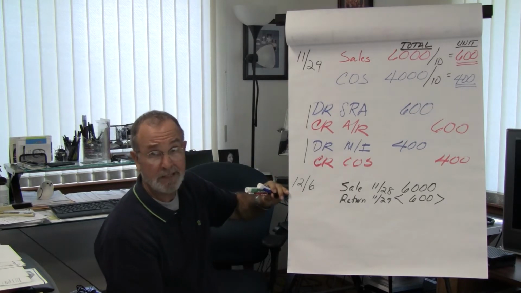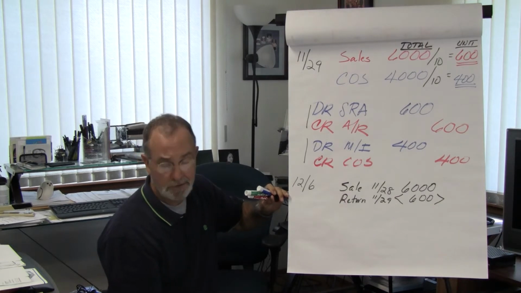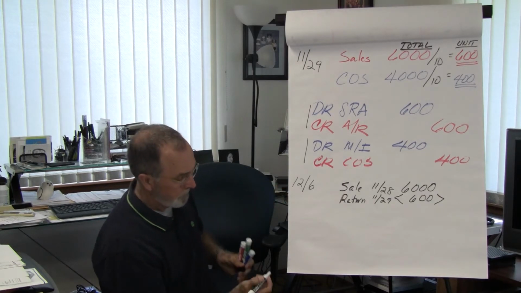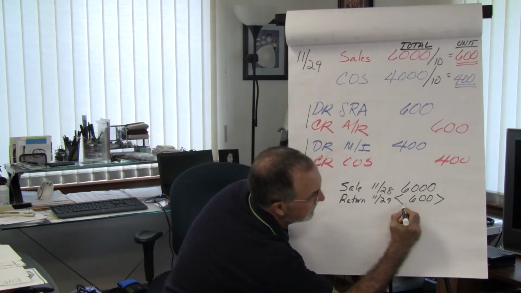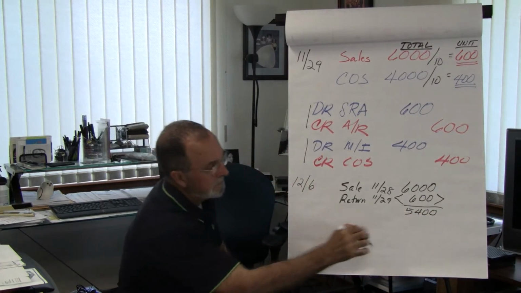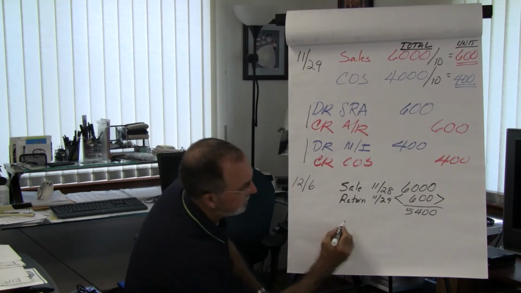We're in the 8th day, which is within the 10-day period. And so the customer, Nancy's Gym, is entitled to the 3% discount. And that discount is calculated on the net amount, net of the return on the following day.